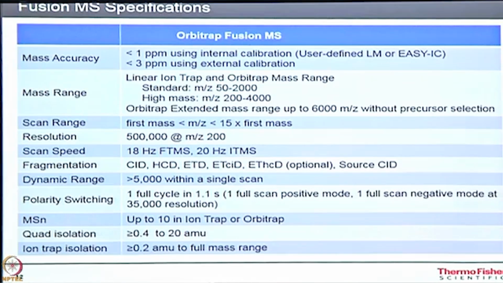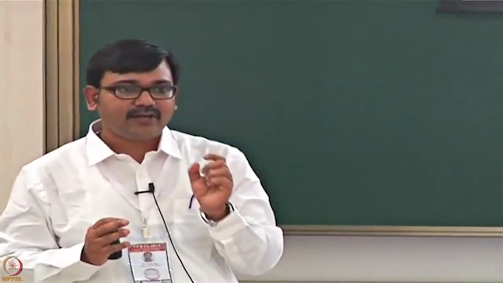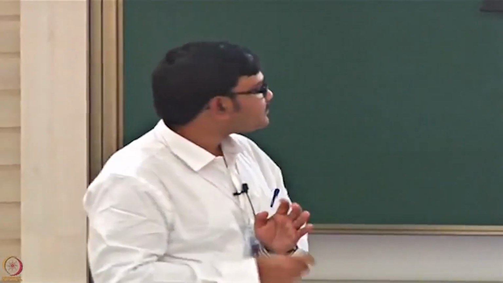Isolation in the quadrupole: you can go to a minimum of 0.4 AMU, meaning plus or minus 0.2 Daltons. So if you want to identify a molecule of m/z 100, you can scan between 99.8 and 100.2. That narrow window you can scan.